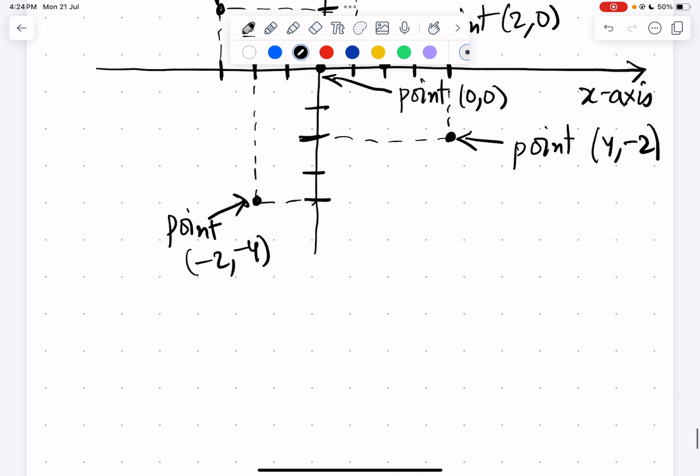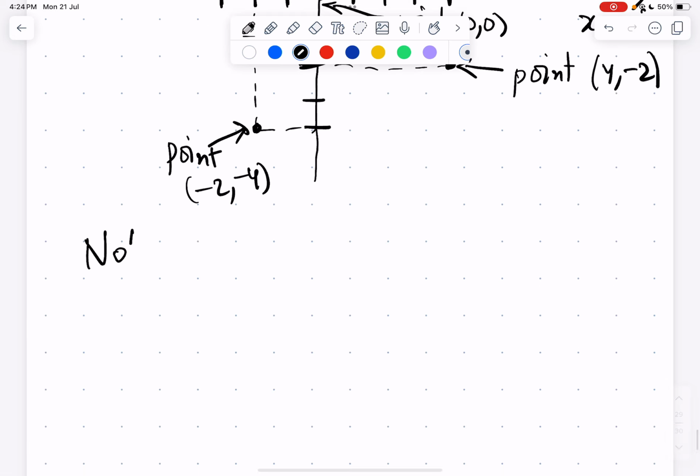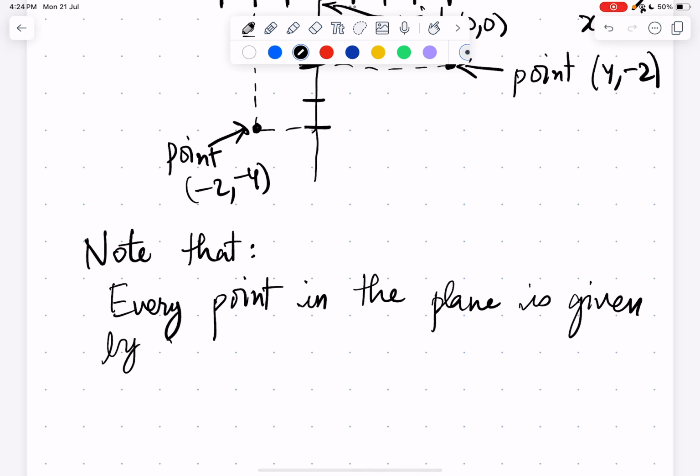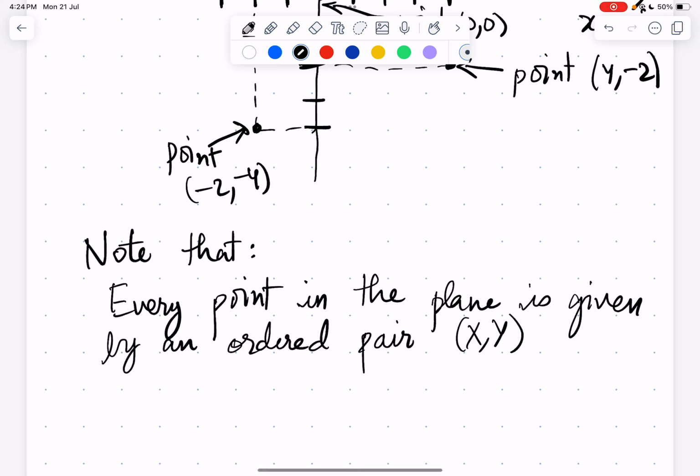So note that every point in the plane is given by an ordered pair of reals, and vice versa.